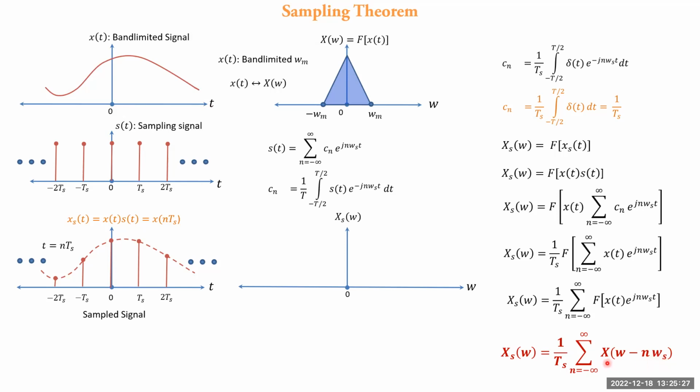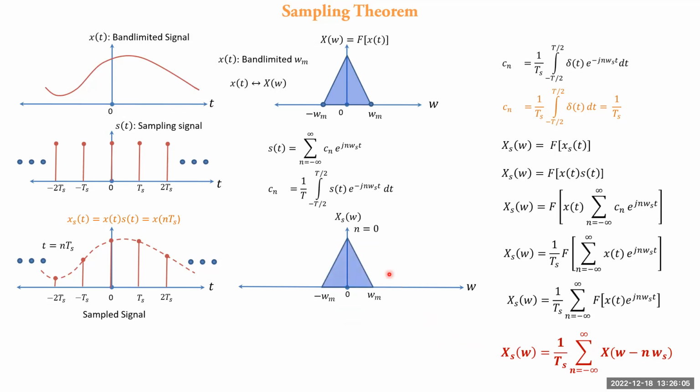Then for various values of n, the shifted versions of the spectrum by 1 omega s, 2 omega s, 3 omega s on both sides are accumulated to form the spectrum of the discrete time signal xs of t, and hence it is a periodic version of x of omega which repeats itself at omega s, 2 omega s and so on, as shown in the spectrum of xs of omega.